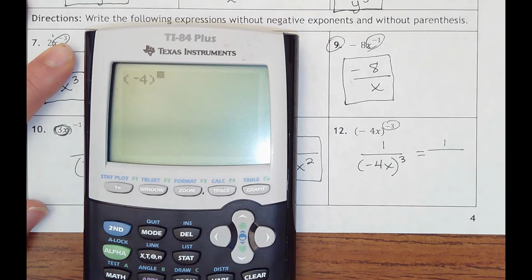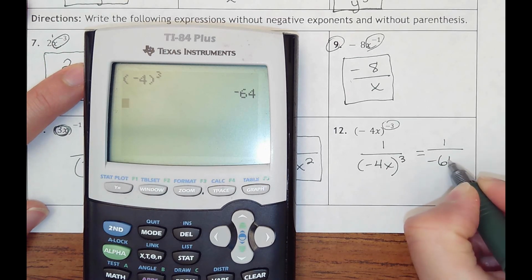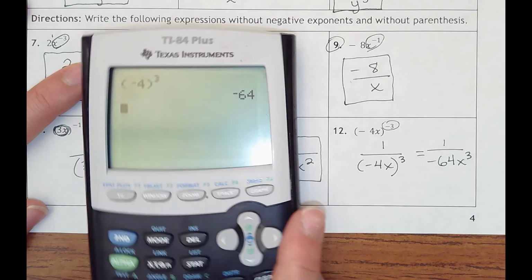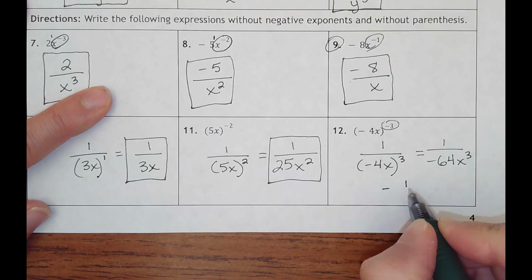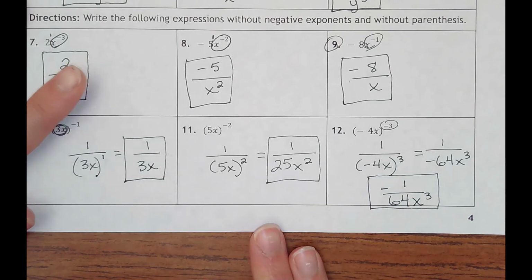That gives you an exponent of any value you want. Cube it, that is negative 64, and then x cubed. You can keep it like that. I really don't like negatives in the denominator. I would probably float it up and say it's negative 1 over 64x cubed. And that's it.